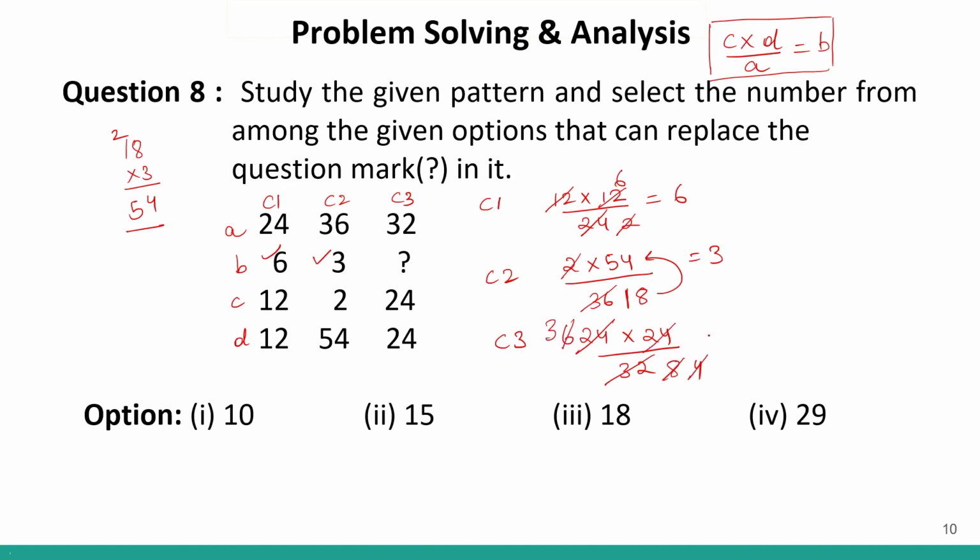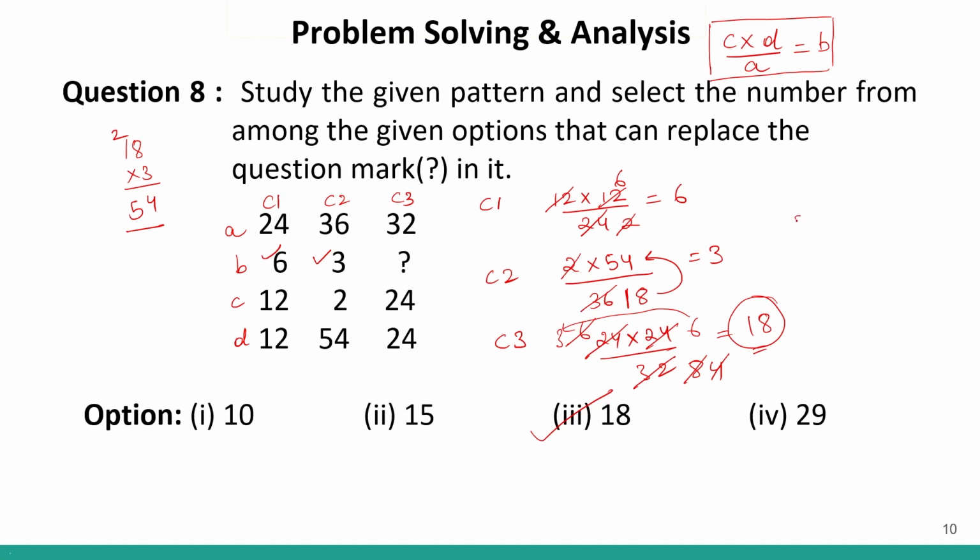So 24 into 24 by 32, this will be 6 and this will be 8. This will be 3 and this will be 4. This will be 6. And 6 into 3 is 18. Sorry, I made a calculation error. So this is 3 into 6, that is 18. So 18 will be your correct answer, which is option number 3.